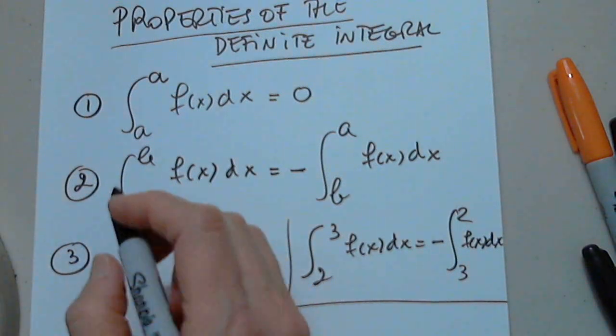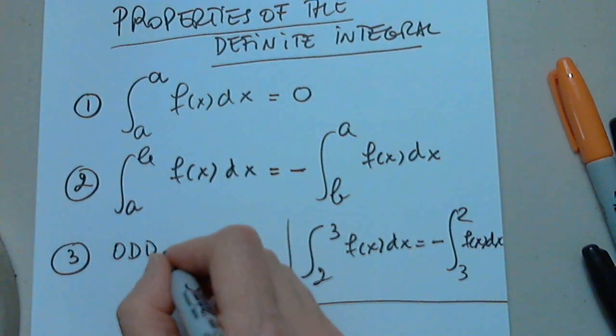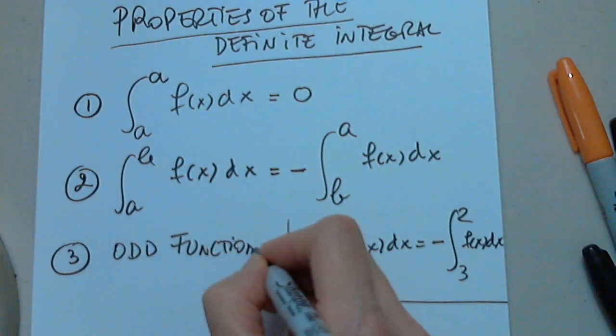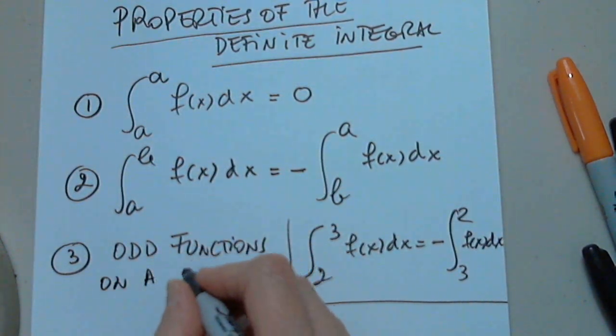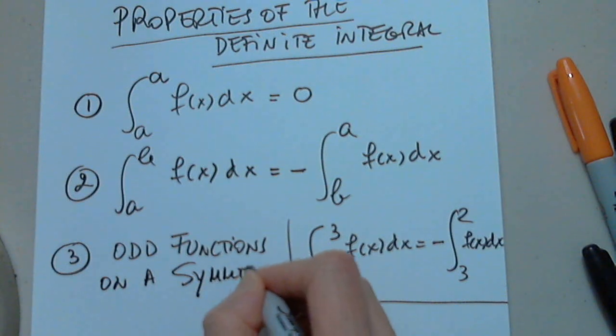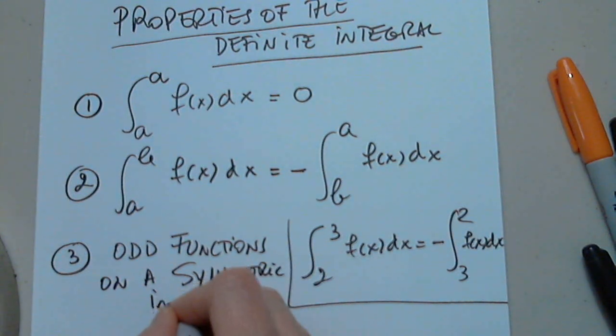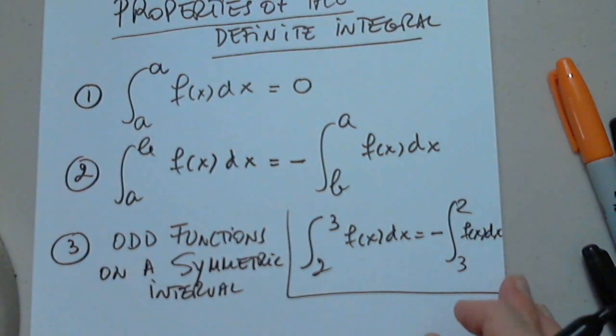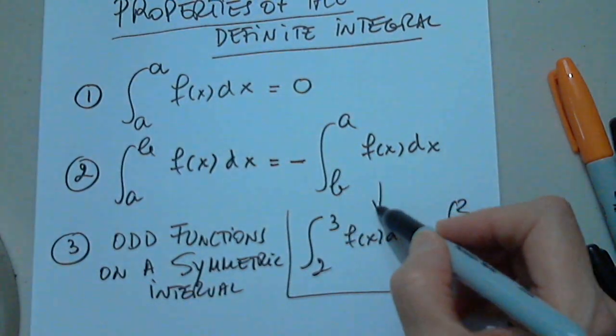Okay, now I would like to talk about odd functions. Another property. On a symmetric interval. Odd functions on a symmetric interval. That's property 3. This was an example here.